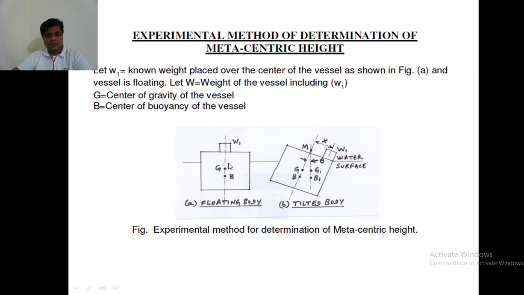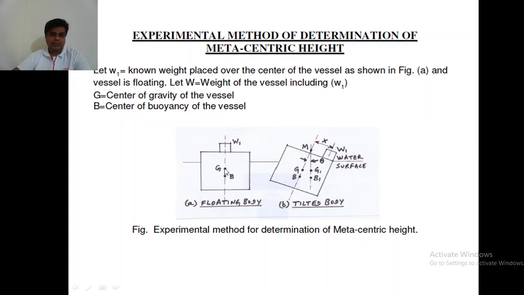On this surface, let a small weight W1, which is known, be placed over the vessel or some object as shown here. Let W be the weight of this object, the ship or the vessel, including this W1.